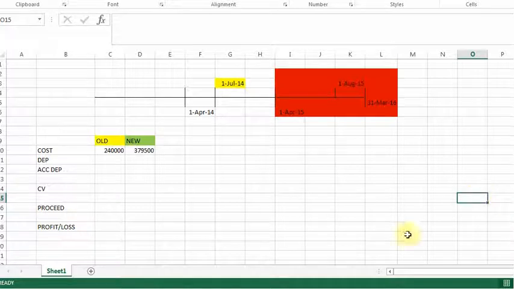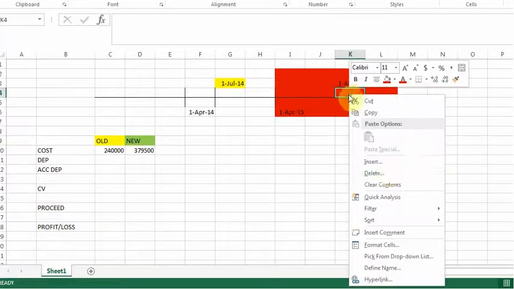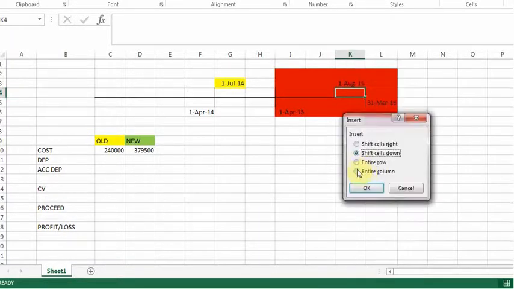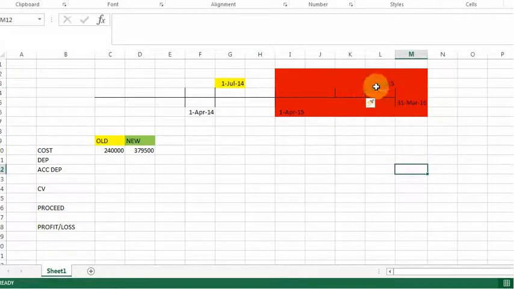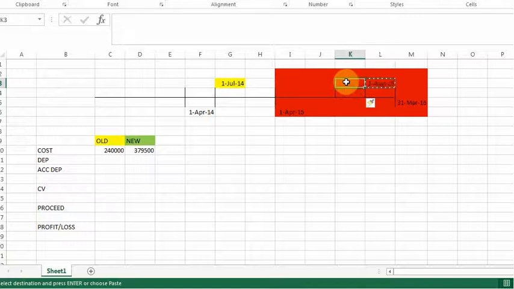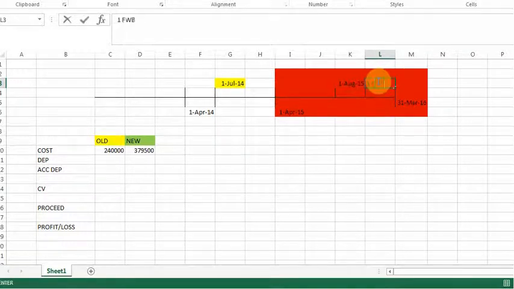So 1 February should probably be then, let's just insert another column. So 1 August, let me just move it there so that you can see. And then 1 February 2016 should then be about there.